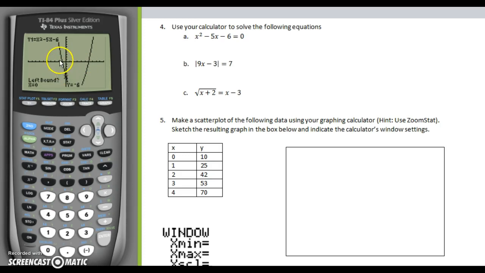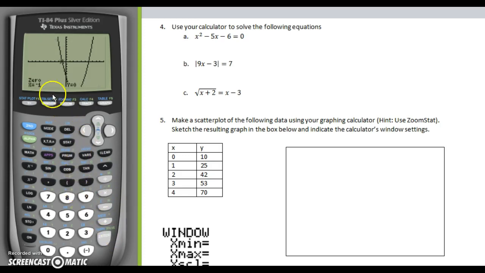For the left bound, I want to move the cursor using the left arrow key a little to the left of where it's crossing here, and then hit enter. Then it asks for a right bound. So move it a little to the right of where it crosses and hit enter again. And then it's asking for a guess, so you move it as close as possible to the point where it crosses and hit enter a third time.